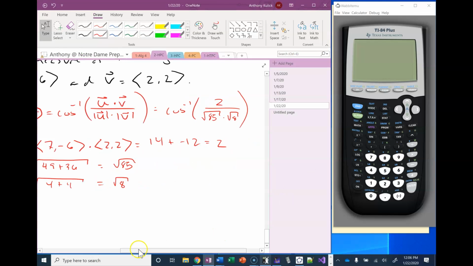Okay. And now I'm just going to go to my calculator. So cosine inverse of the fraction 2 over the square root of 85 times the square root of 8. That gives me 85.6.